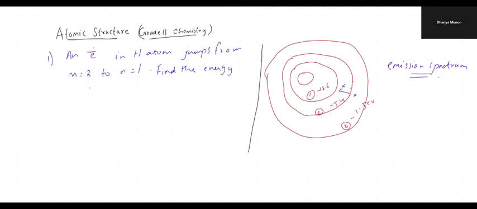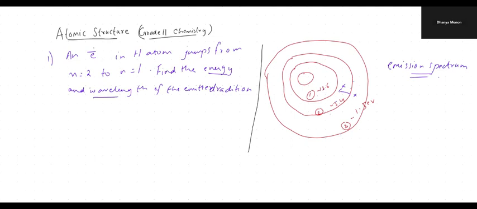You have to find the energy and wavelength of the emitted radiation. We just saw that radiations are emitted when they return back. So you need to find the wavelength and the energy of the emitted radiation.